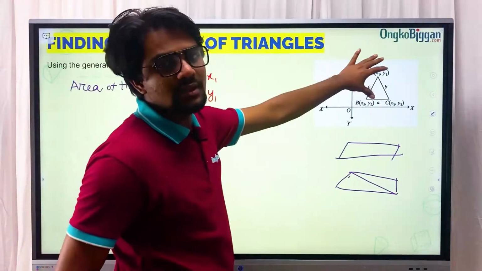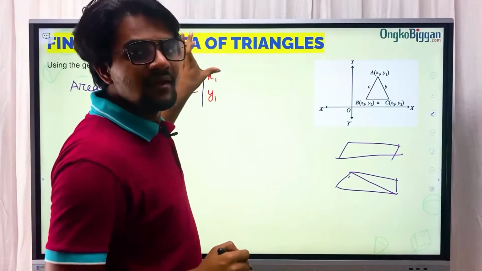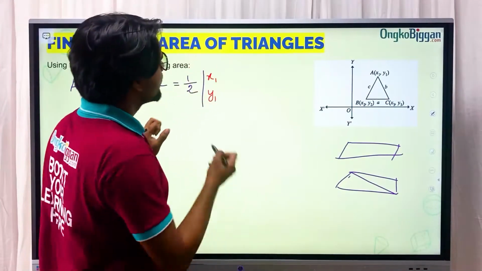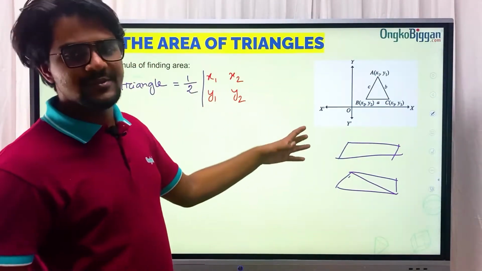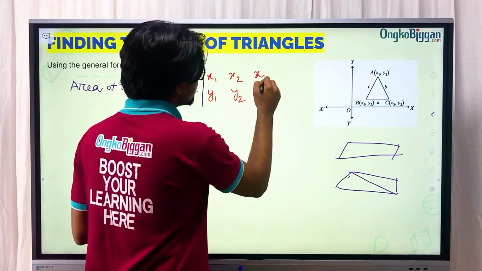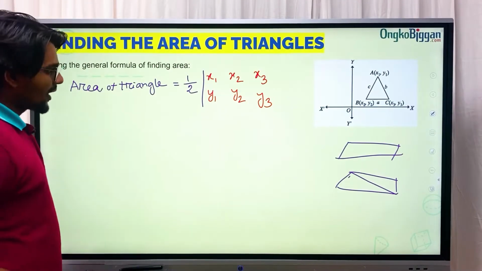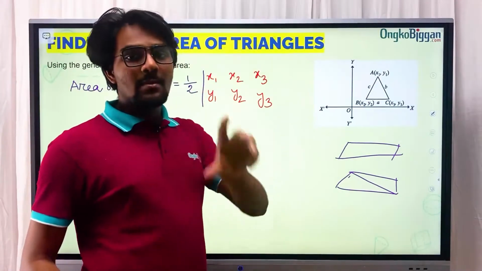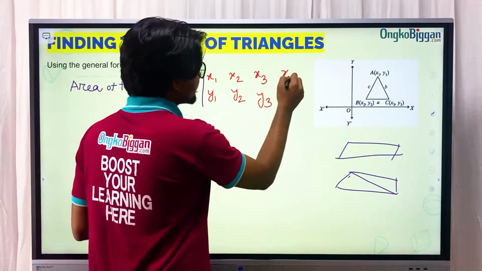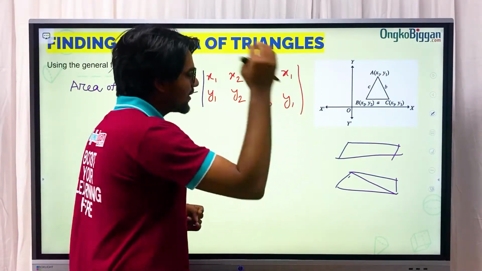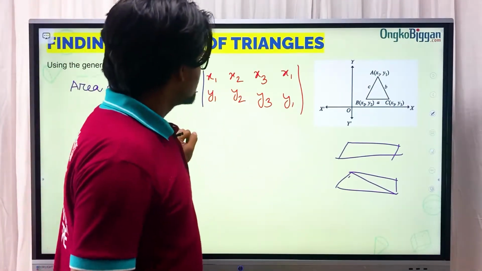I'm taking reference from this triangle. x1 y1 is the coordinate of the vertex A. Then we write x2 y2, the coordinate of vertex B, and finally x3 y3, the coordinate of vertex C. And remember, we also need to write x1 y1 again. This is the coordinate of the first vertex, again, because we will need it.